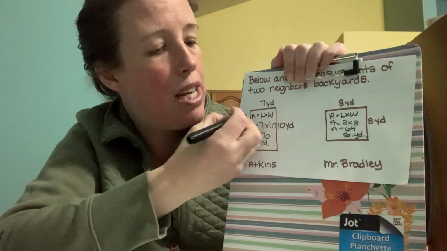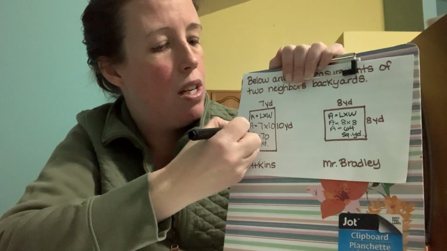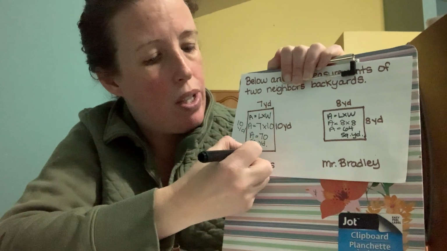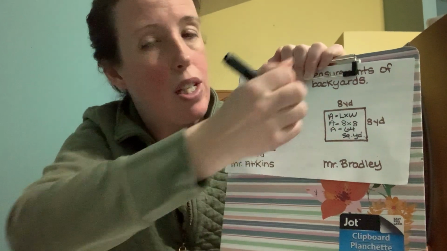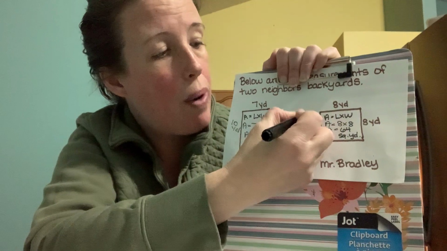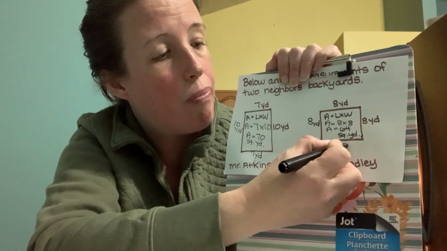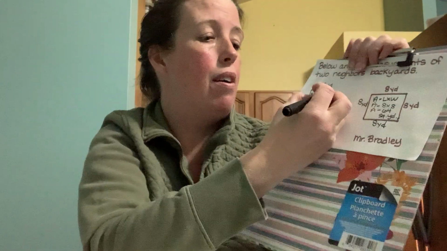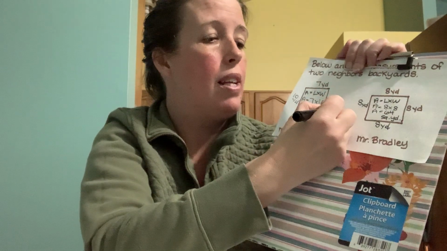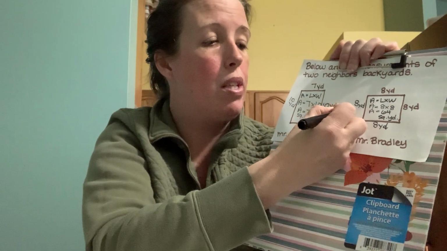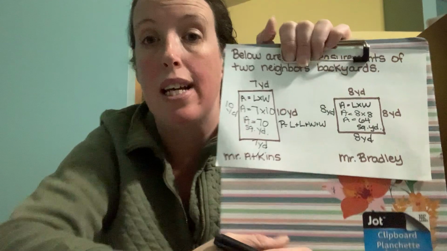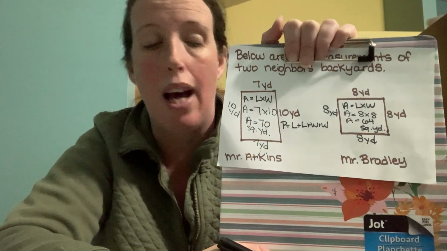So if this side is 10 yards, I know this is 10 yards. And if this is 7 yards, I know this is 7 yards because it's a rectangle. Here it's a square, so I know every side will be 8 yards. Okay, so for Mr. Atkins, for the perimeter, it's length plus width, or some of you might say side plus side plus side plus side.